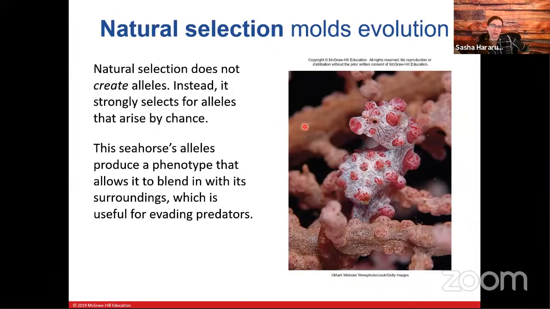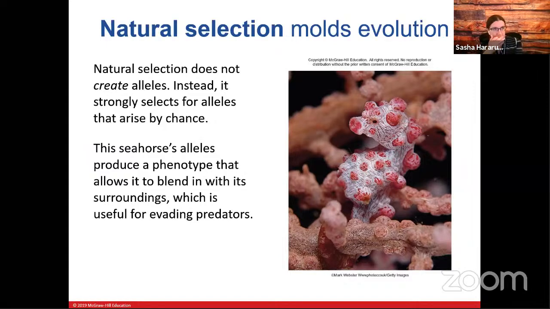But other seahorses, with a different color or bigger size or other phenotypes, eventually died out and did not get to reproduce and pass on their genes because they were eaten by predators. So natural selection requires genetic variation.